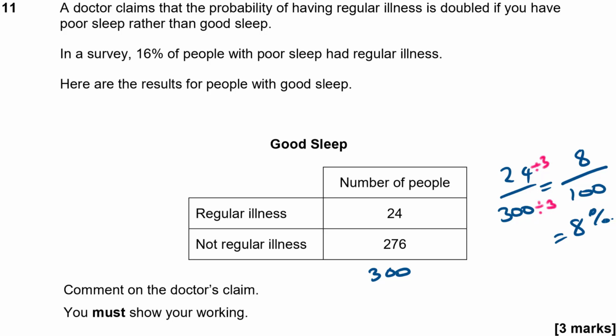Okay, so it looks like the data here does support the doctor's finding, because here 8% of the people with good sleep had regular illness, whereas 16% of the people with poor sleep had regular illness.